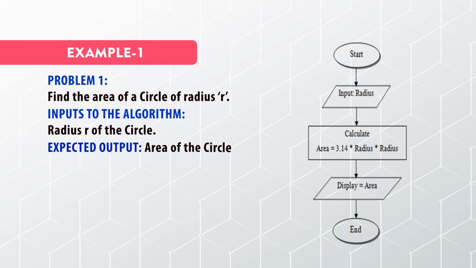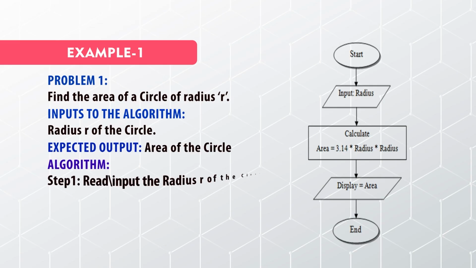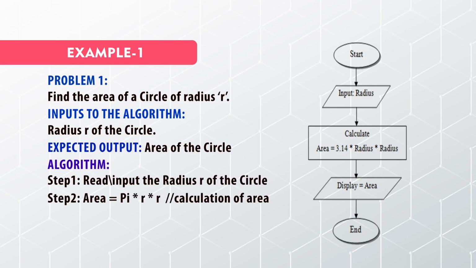Processing relates to the calculation of the area, so we need the formula. The formula for the area of the circle is pi r square, that is pi into radius into radius. So, the radius is multiplied with the factor of pi, and this is the processing, and the output, the calculated area, is printed.